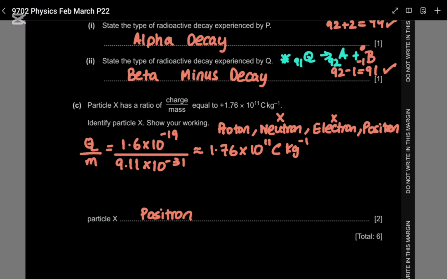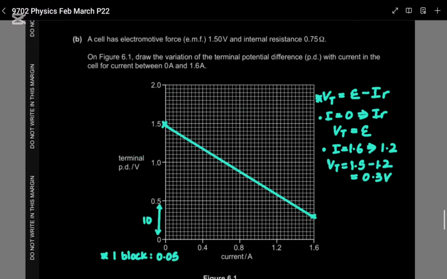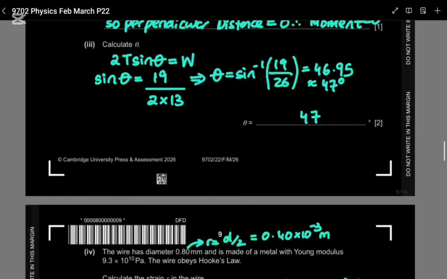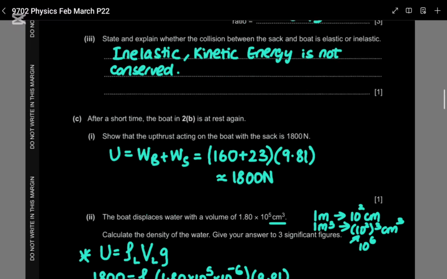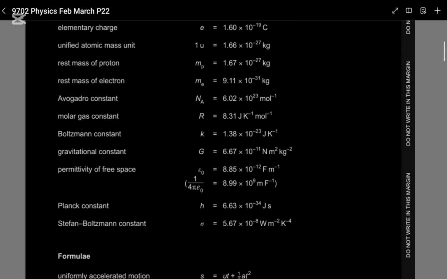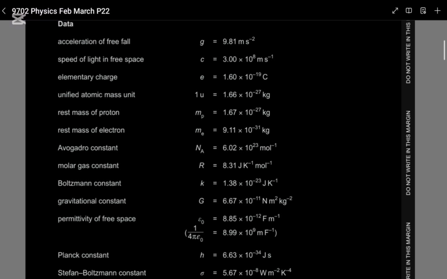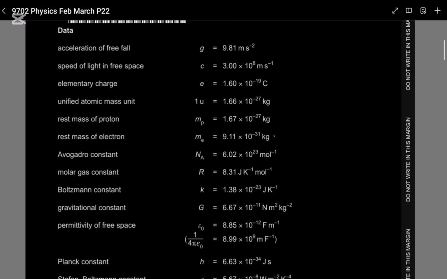Now where do I get these values from? Let's go back, and you'll find them over here. The rest mass of an electron and the unified atomic mass unit, and this one, the elementary charge. We are talking about charge over here, and the rest mass of an electron.